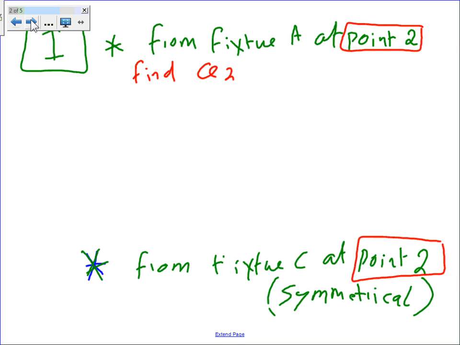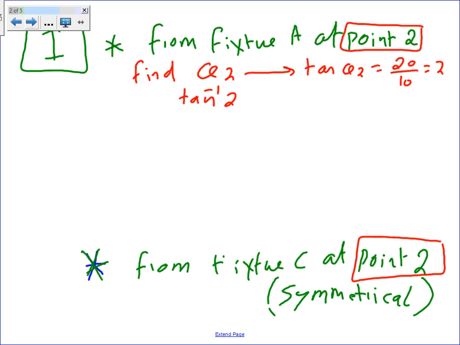So the first thing you need to do is find Q2. To find Q2, you need to go tan Q2 equals the opposite over the adjacent, 20 over 10 equals 2, right? And then grab your calculator and find inverse tan of 2.